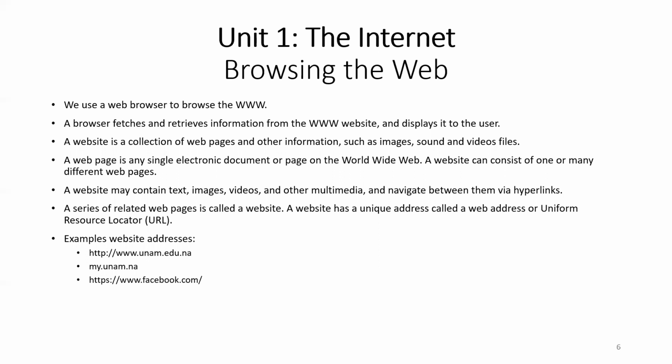The website itself is simply a collection of web pages and other information such as images, sound, and video files and other multimedia as well. So here, what is a web page? A web page is simply an electronic document on the World Wide Web.